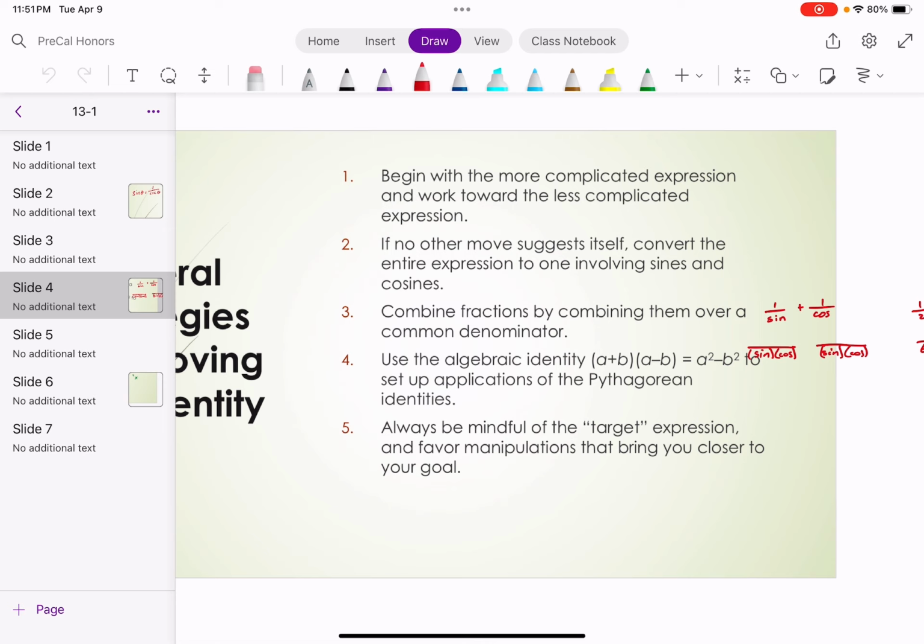Now, as you're working with this setup, generally it's going to set up the problem to be able to use the Pythagorean identities later on. So it's extremely important to be able to spot that whenever you have the difference of these equations, it will eventually lead to your Pythagorean identities.